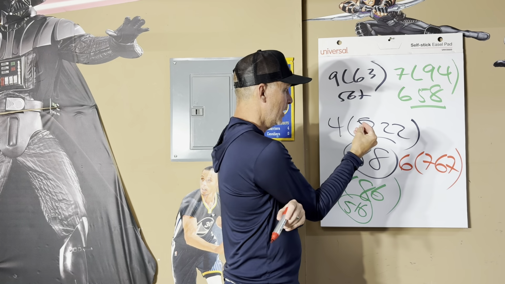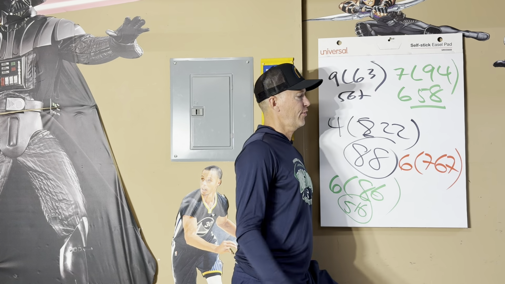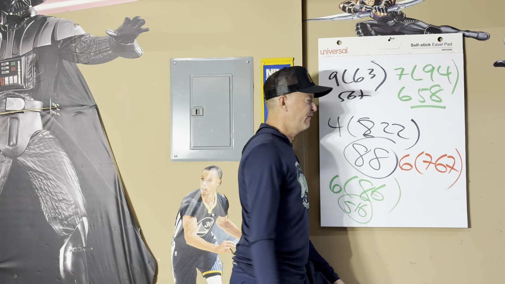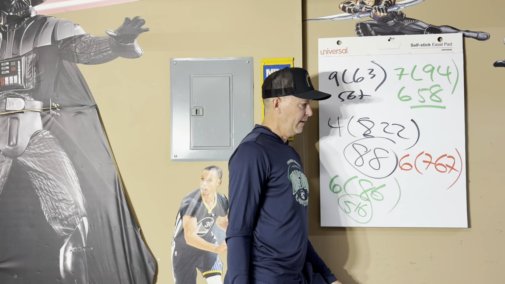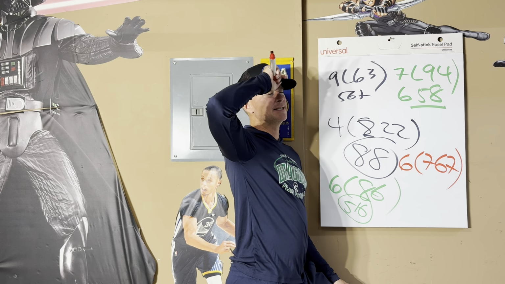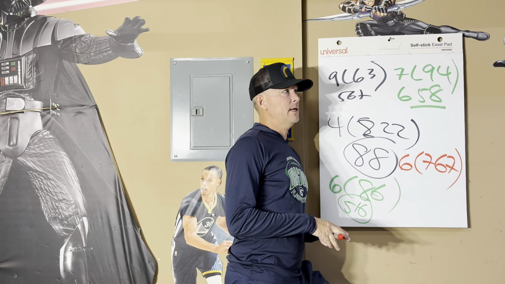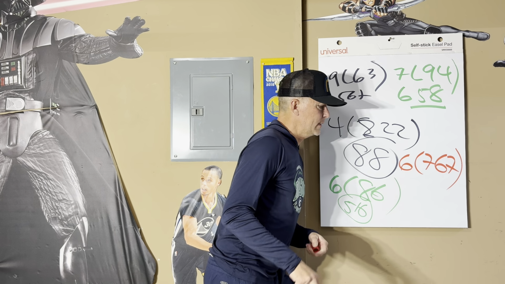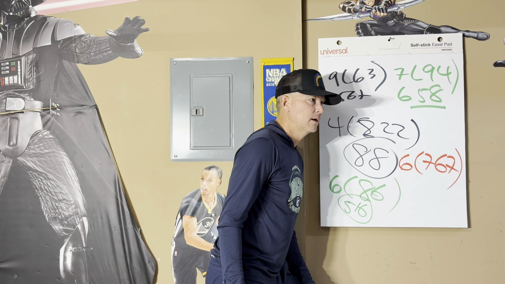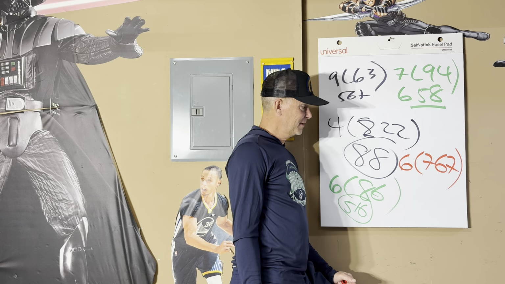Yeah. Oh, 60. 6 times 60 is 360. So that's 4,560. 4,560 plus 6 times 7 is 42. So that'd be 4,612. No. I'm not going to stop. Closer though. Oh gosh. Within 10.